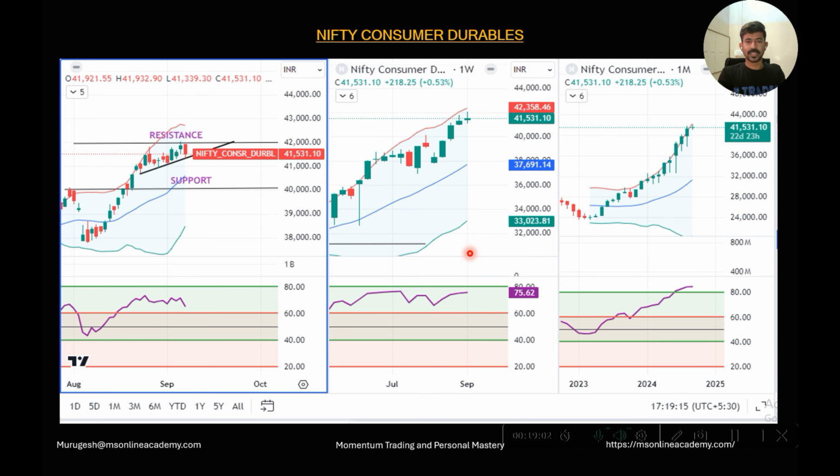Nifty Consumer Durables. This is one of the strong sectors where we can track aggressively. But be careful: in weekly, it made a spinning top. If it breaks down from that last candle, there could definitely be a retracement to 40,000.